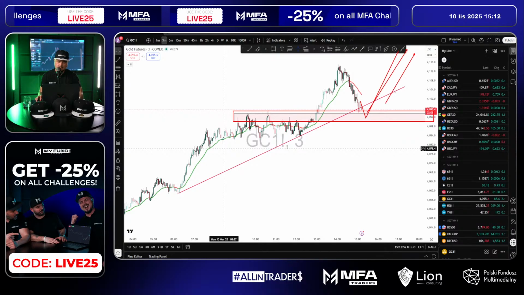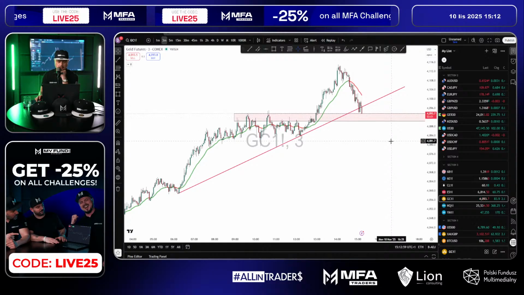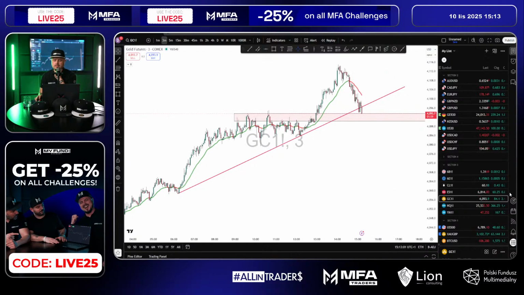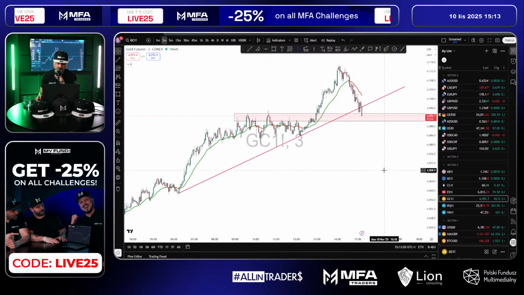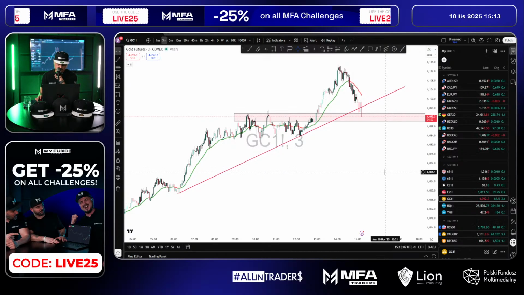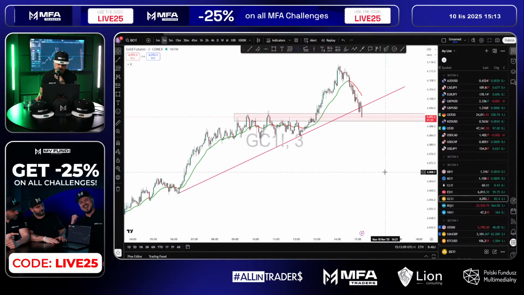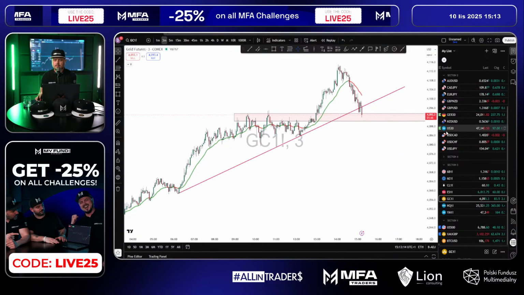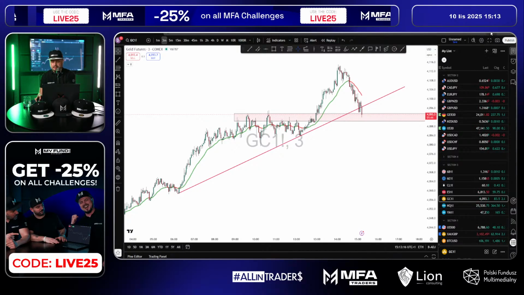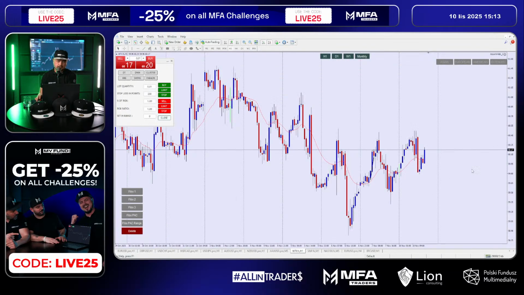And we might still go up. So I will leave it for now. We are breaking through, which is good. But we need a small retest, okay? Small retest.